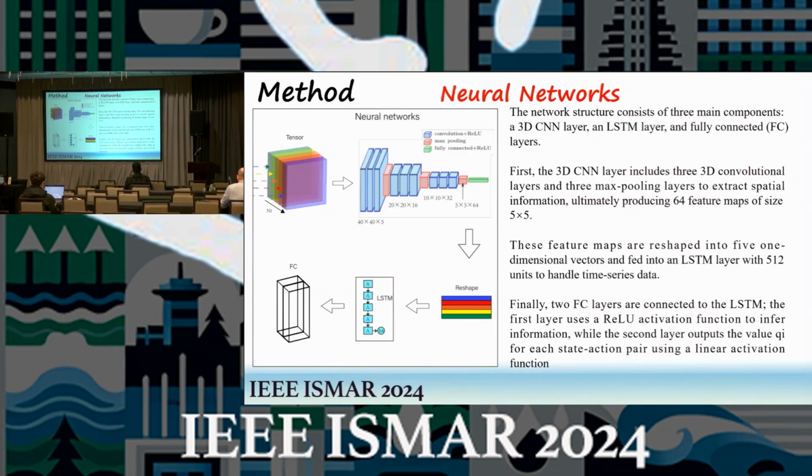These feature maps are reshaped into one-dimensional vectors and fed into an LSTM layer with 512 units to handle time cell state. Finally, two FC layers are connected to the LSTM. The first layer uses the ReLU activation function to infer information, while the second layer outputs the Q value for each state-action pair using a linear activation function.